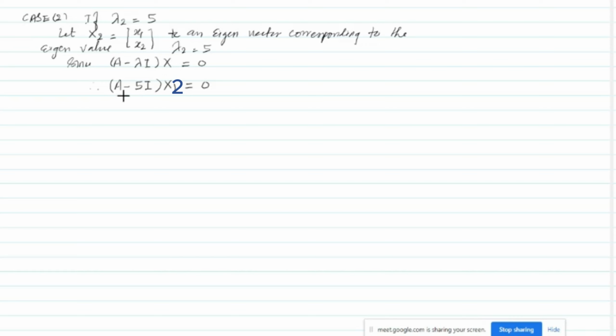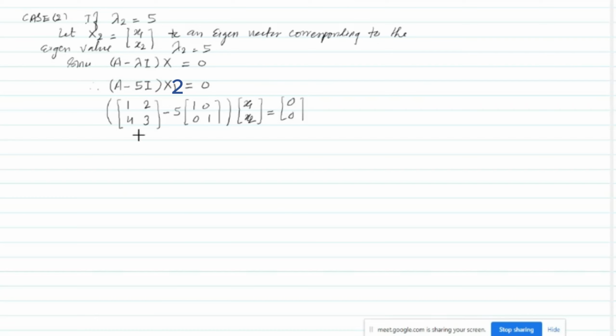Now just find out the matrix. Your A is 1, 2, 4, 3, minus 5 times the identity matrix 1, 0, 0, 1. Close the bracket and write down the column vector x1, x2, and the null matrix is 0, 0.